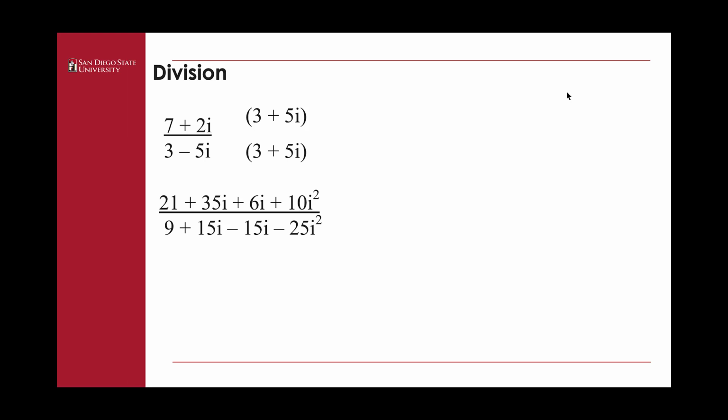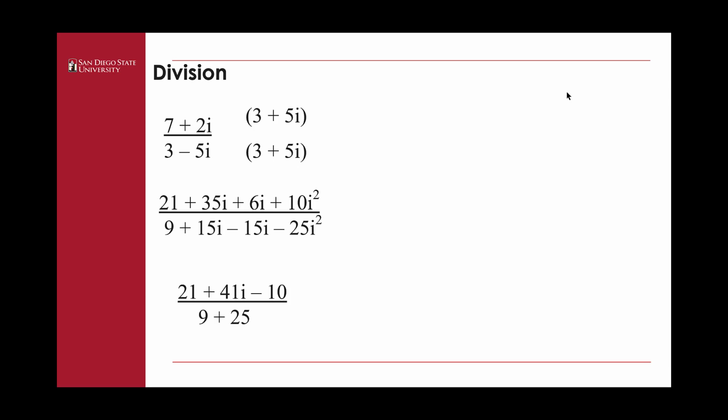If we make the multiplication, we will get a polynomial representation, treating i just like a variable. If you multiply 7 plus 2i with 3 plus 5i, we will get 21 plus 35i plus 6i plus 10i squared. And with the denominator, we will get 9 plus 15i minus 15i minus 25i squared.